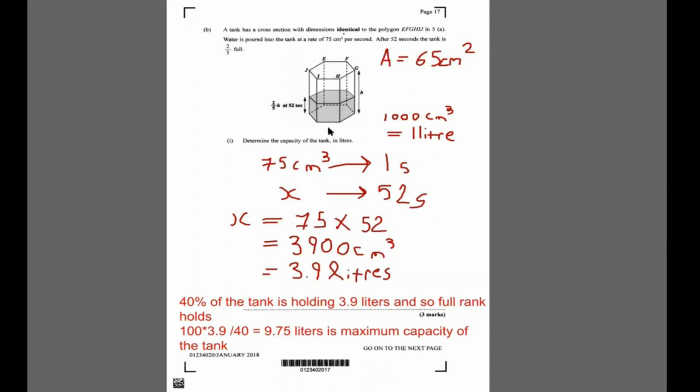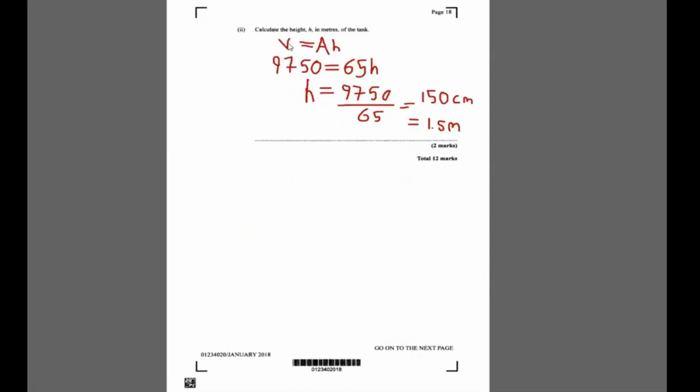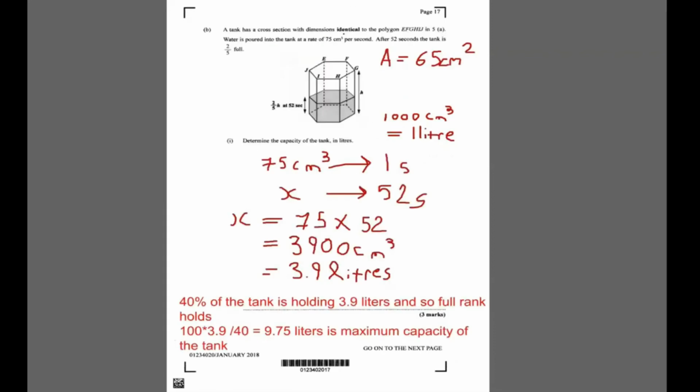That's the full capacity, and so that's the full volume. The full volume is the cross-sectional area, which is 65, times the height. The height is 1.5 meters. So that's it. Very, very easy question. No issues.